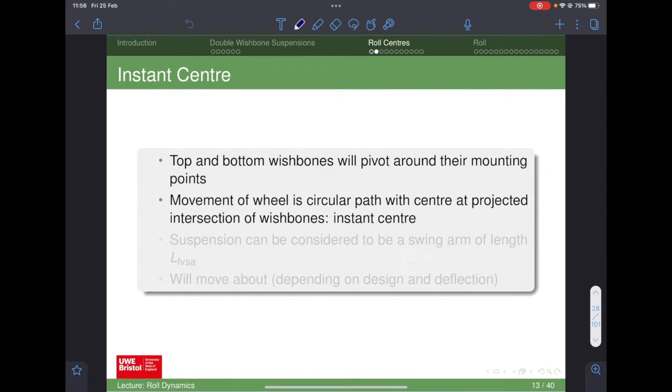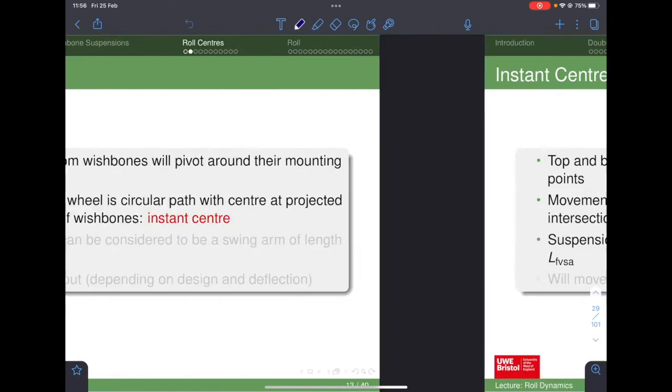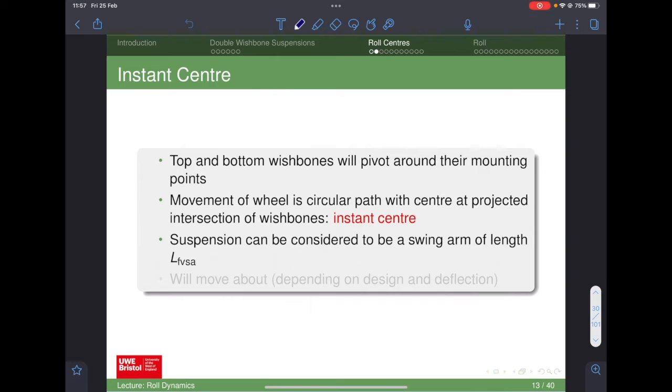If you've got wishbones that are diverging or converging in the opposite direction, then the instant centre could be on the other side. Effectively what you've got is the motion of the wheel with this effective swing arm motion, and that can be considered as a swing arm of that length, L FVSA, front view swing arm.